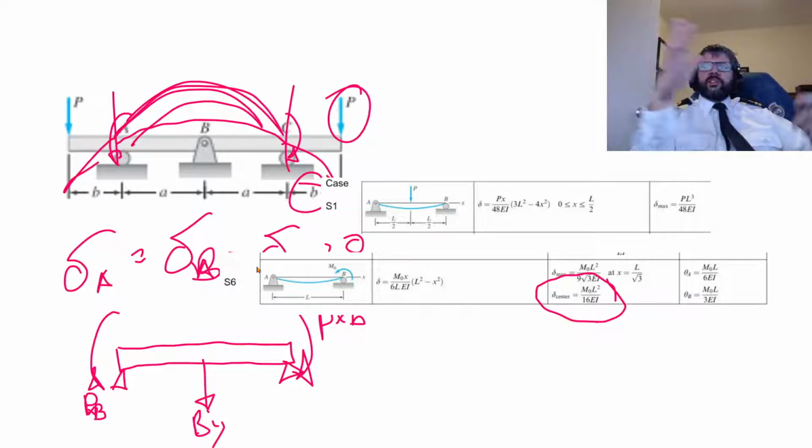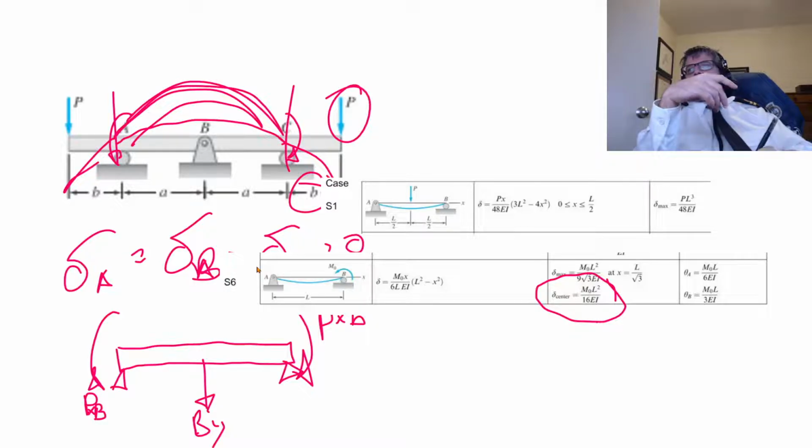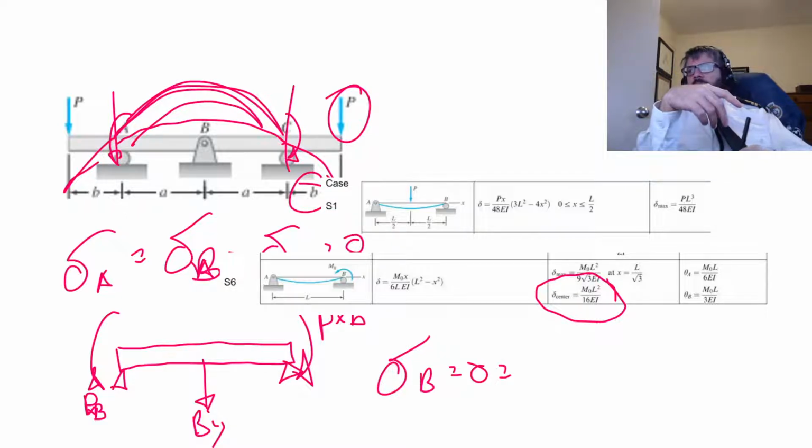And since the moments being applied are equal on either side in this case, essentially we can just say that our displacement at B, which is equal to 0, needs to be equal to 2 times that, so 2 M naught L squared over 16 EI.